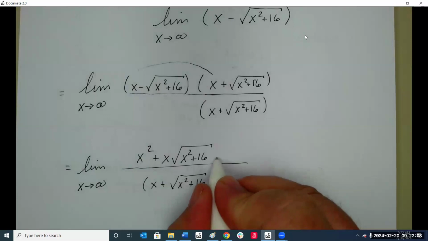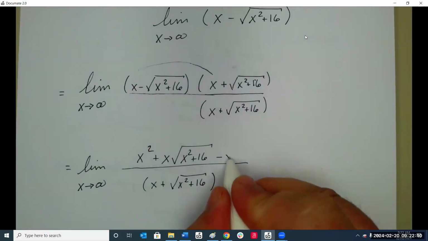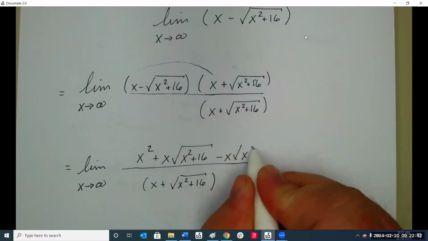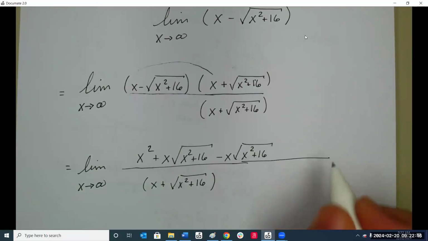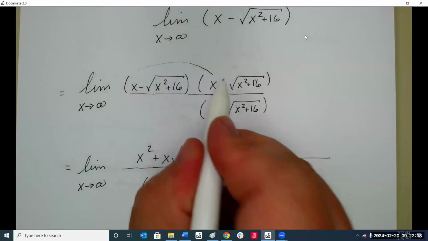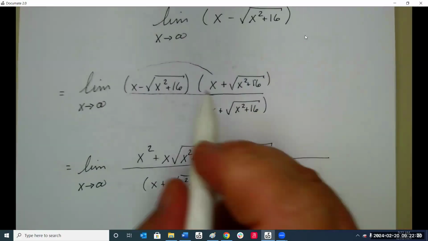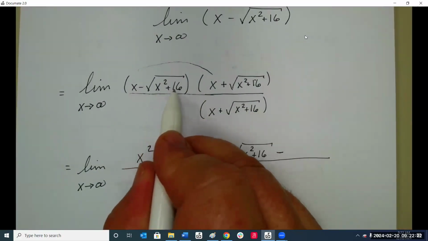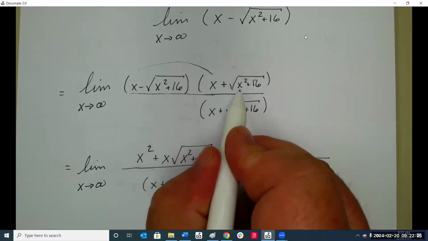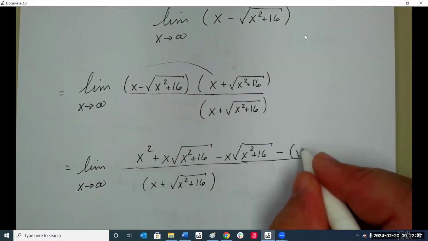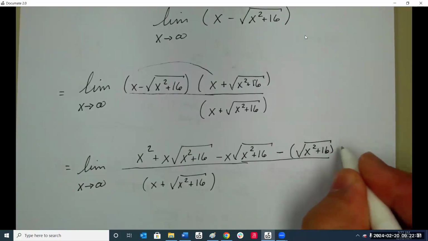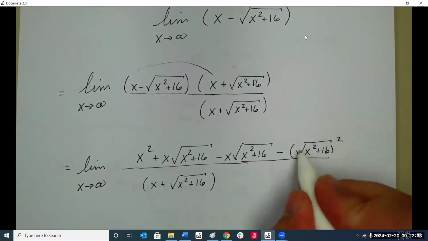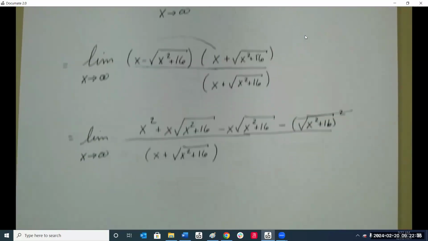Negative times positive is negative x times the radical of x squared plus 16. Negative times positive is negative radical x squared plus 16 times radical x squared plus 16, which is x squared plus 16, and those square roots cancel.